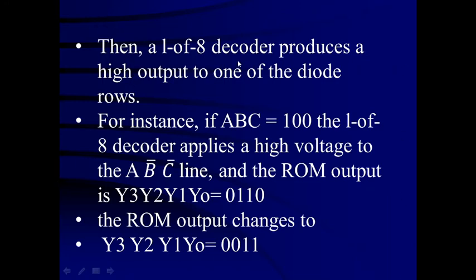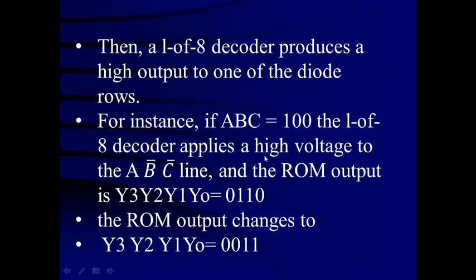Then the 1-of-8 decoder produces a high output to one of the diode rows, and that particular output is activated, and whatever data is stored there can be retrieved. For instance, if ABC is 100, the 1-of-8 decoder applies a high voltage to the A, B bar, C bar line, and the ROM output Y3, Y2, Y1, Y0 is equal to 0, 1, 1, 0.